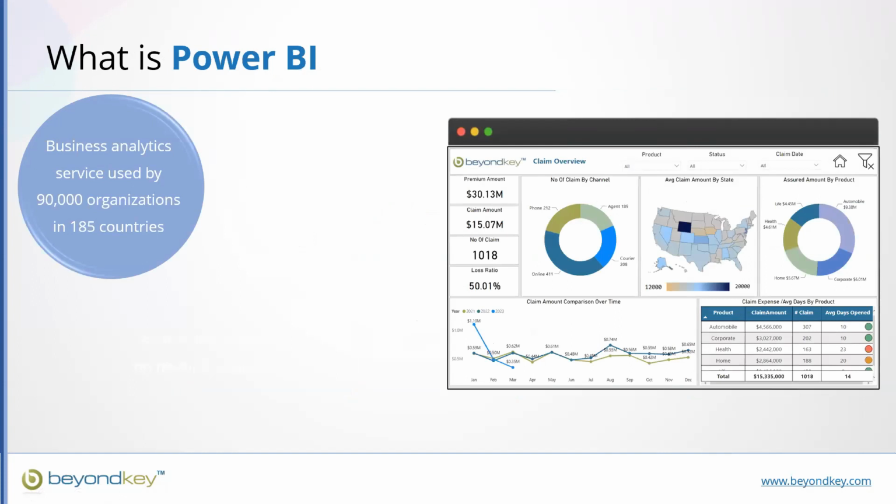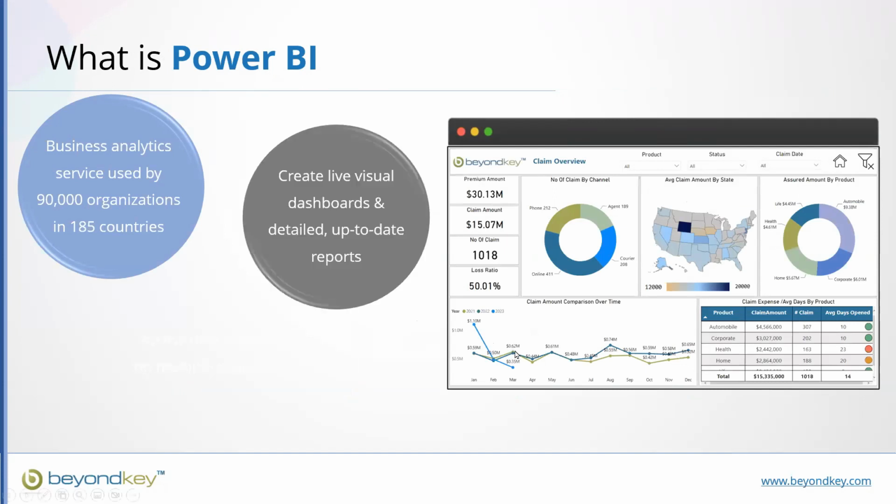This is part of the reason why it's used by over 90,000 organizations in over 185 countries around the world. It creates live visual dashboards and detailed up-to-date reports. And you could see all this information right there. So if you're getting sales information from Salesforce or Microsoft Dynamics, you can combine that with whatever ERP you're using, where you're tracking all your information, and it can all be visible right here on Power BI.